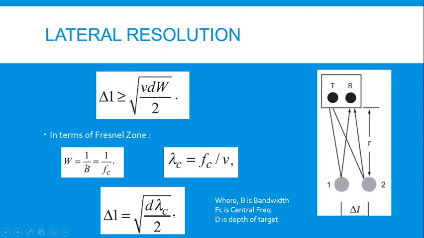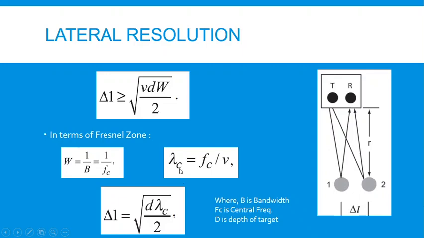If we define the bandwidth B of the transmitted signal, then W can be 1 by B, or for a monochromatic signal, the central frequency of the antenna, W will be 1 by FC, where FC is the central frequency of a monochromatic signal, and V is the velocity of the signal in the material, and lambda C gives the wavelength of the signal.